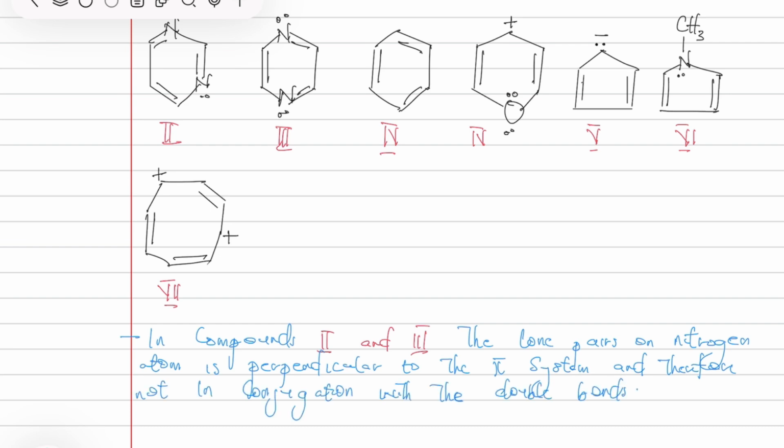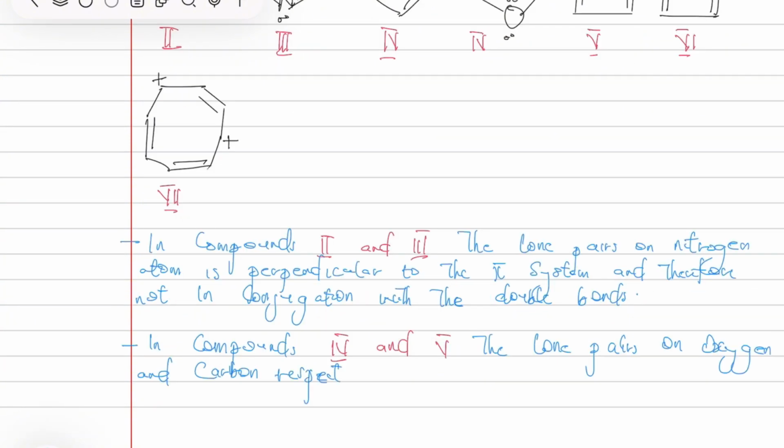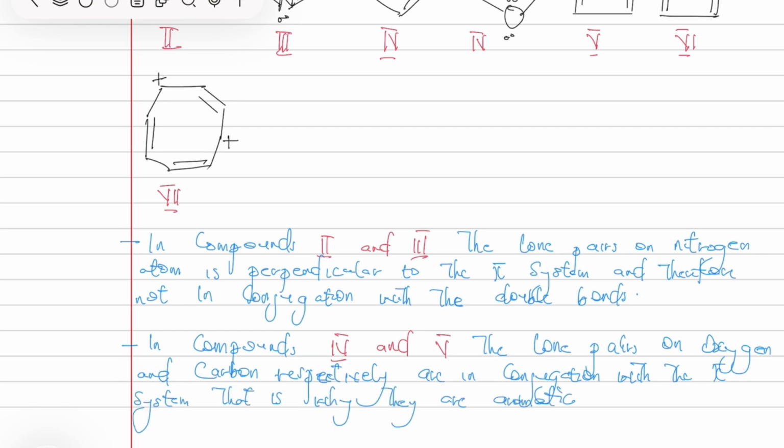This means that in counting the number of pi electrons in compounds 2 and 3, we do not include the lone pair on the nitrogen atom because it is perpendicular to the pi system. In compounds 4 and 5, the lone pairs on oxygen and carbon atom, respectively, are in conjugation with the pi system. That is why these compounds are aromatic with 6 pi electrons.